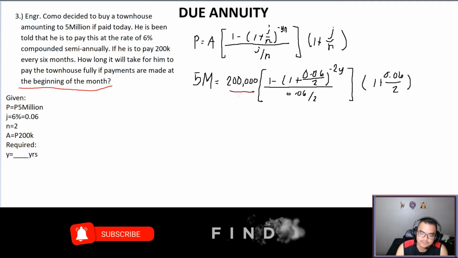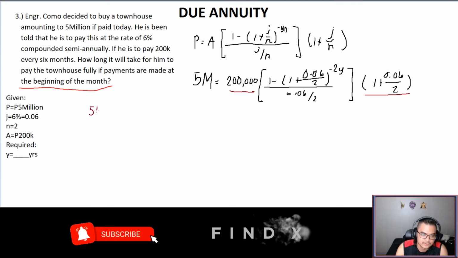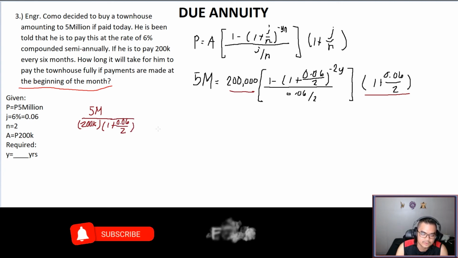Okay, so doing this algebraically, this 200k must go down here, also this one, right? So these two must be on the denominator of 5 million. So writing that, we have 5 million all over 200k times 1 plus 0.06 all over 2.